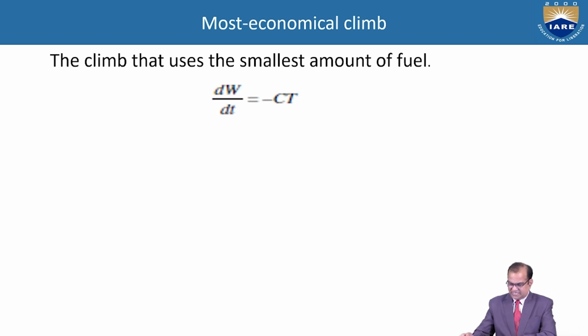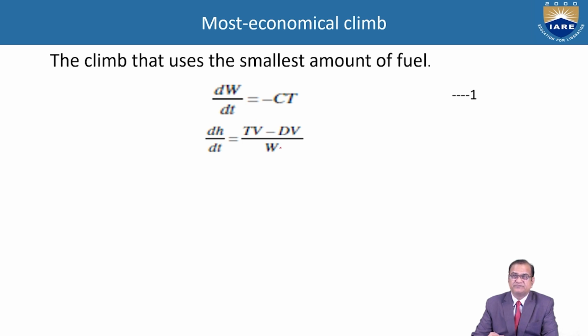We can see here that dW by dt is equal to minus CT, where C is the specific fuel consumption and dW by dt is the rate of change of weight. Now the climb rate, dH by dt, is equal to (TV minus DV) divided by W. TV is the power available, DV is the power required.